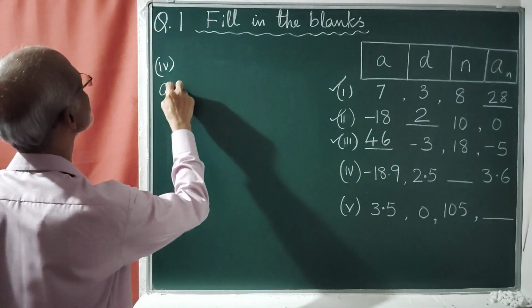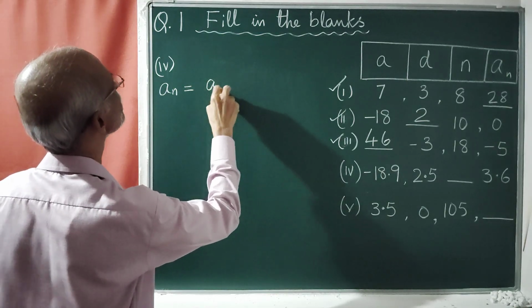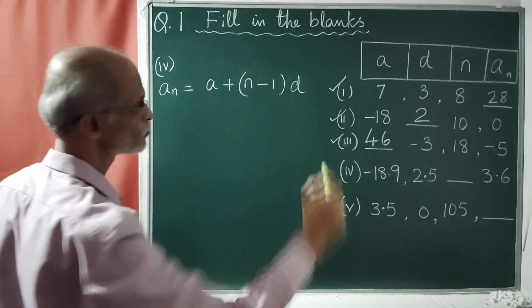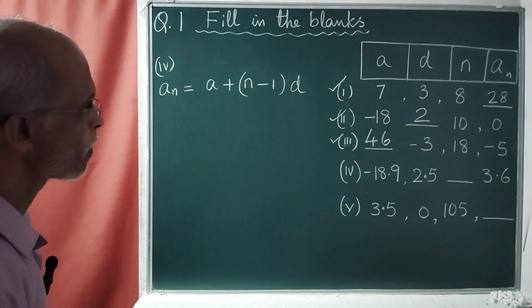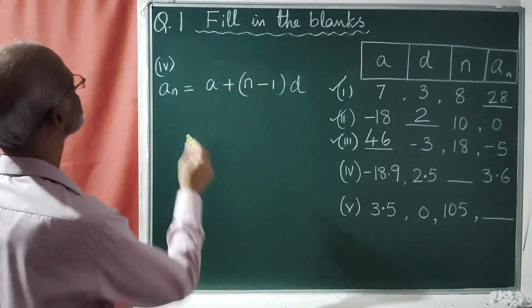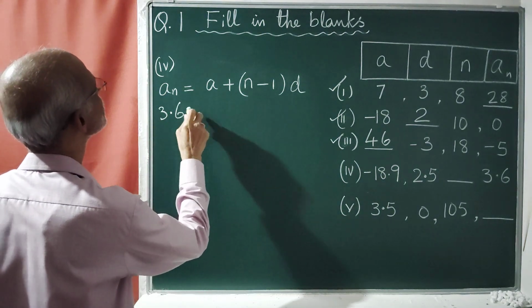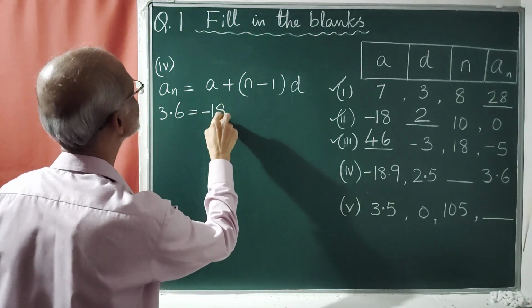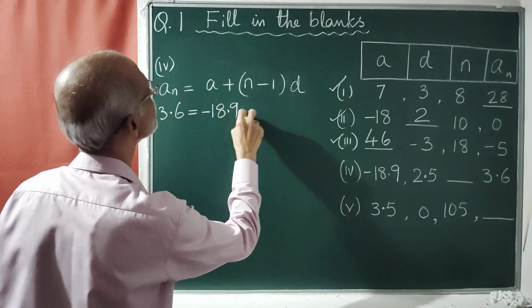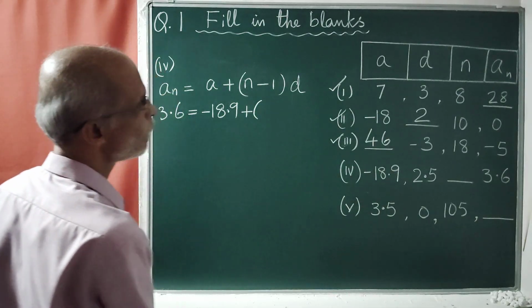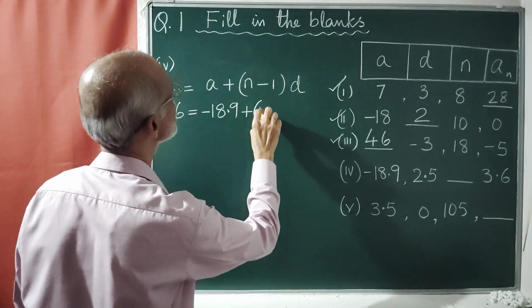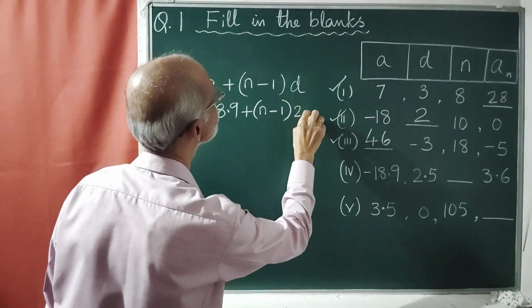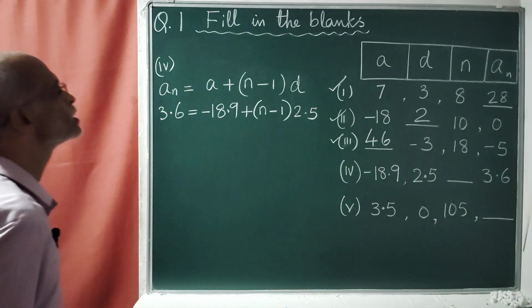So AN is equal to A plus N minus 1 into D. So 3.6 is equal to minus 18.9 plus N minus 1 into D, D is 2.5.